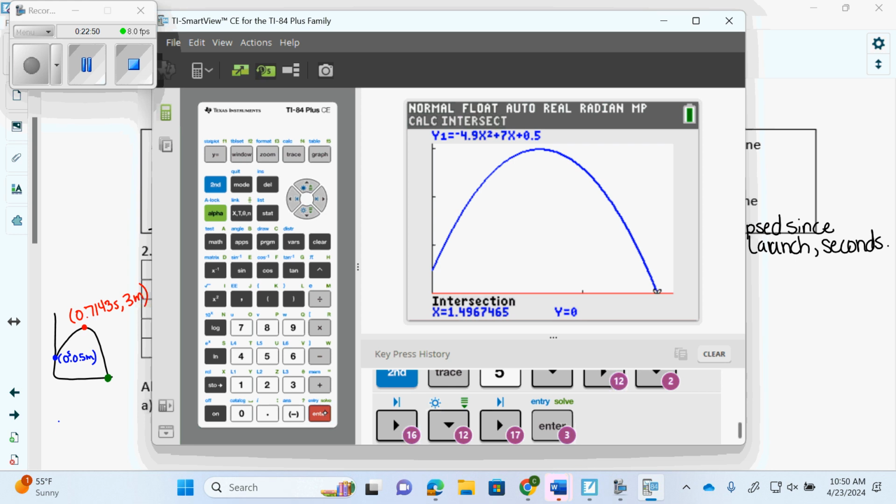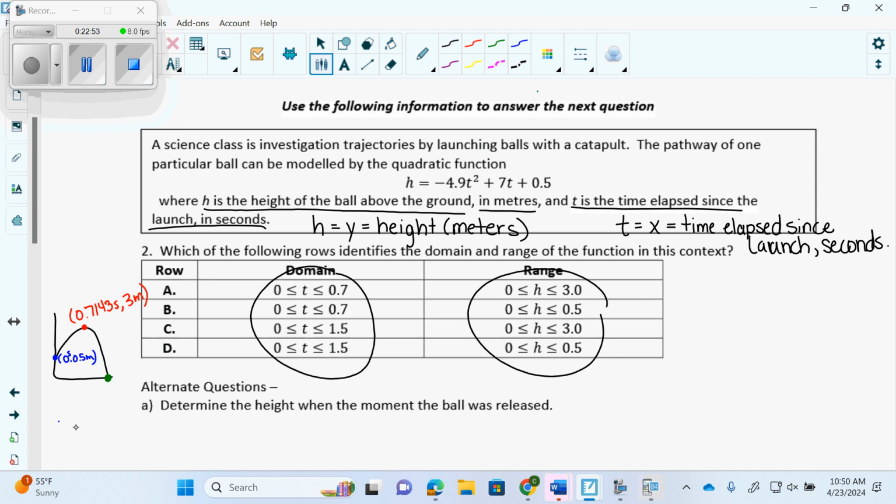So 1.4967 seconds and 0 meters. So what is our domain, between 0 and what? 1.5. Now I'm at a 50-50, even if the rest of the stuff fell out of my head. What's my range? 0 to 3.